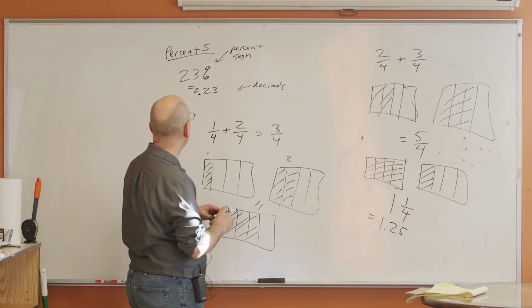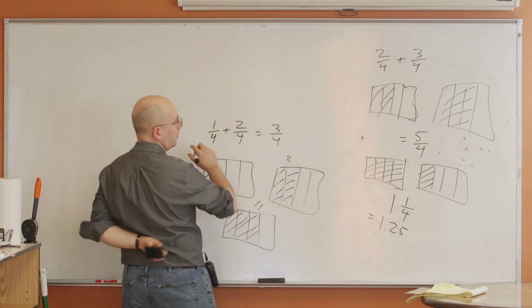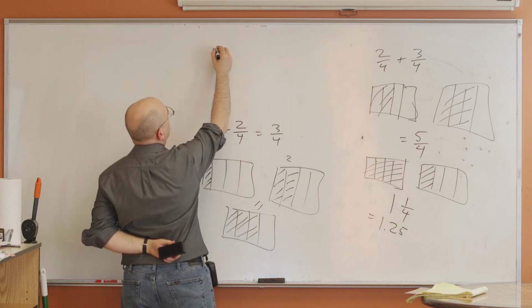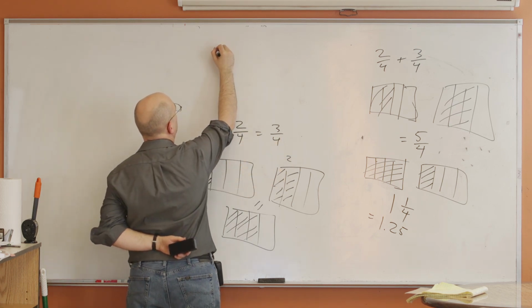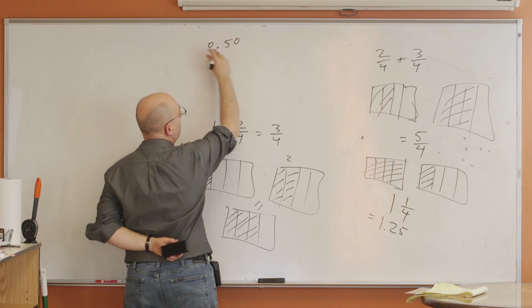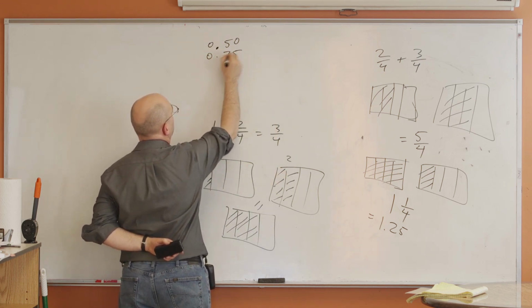Now, we could also write it in terms of decimals and do addition that way. So if you had 2/4, you have 50 cents. And if you have 3/4, you have 75 cents.